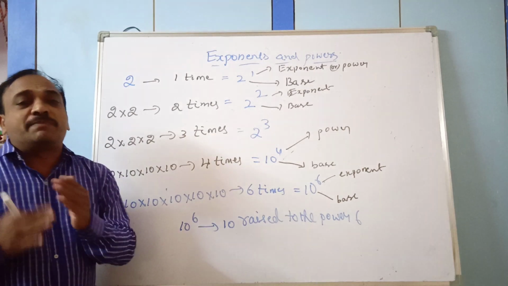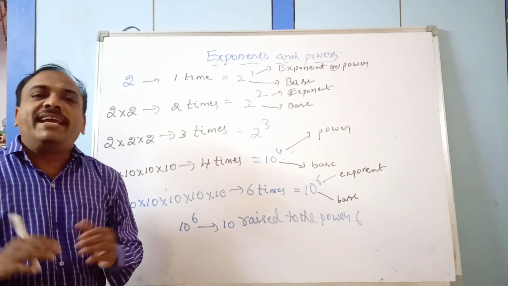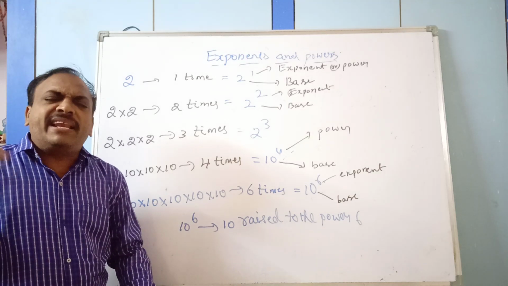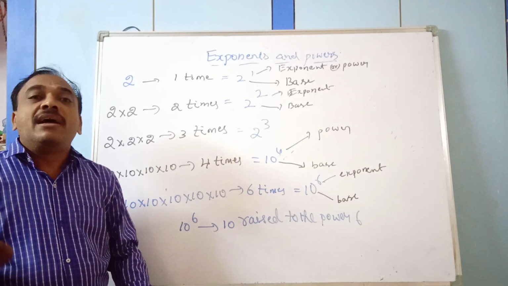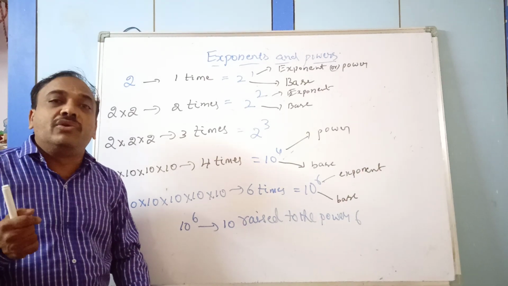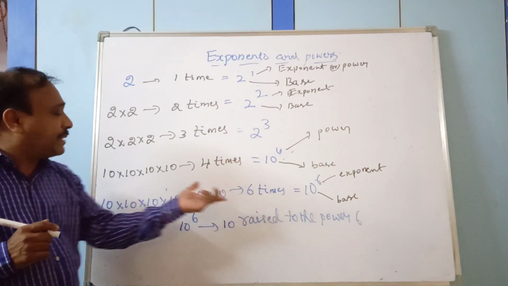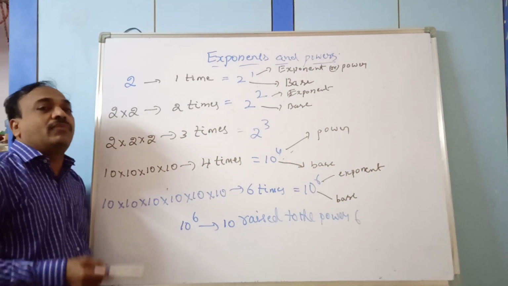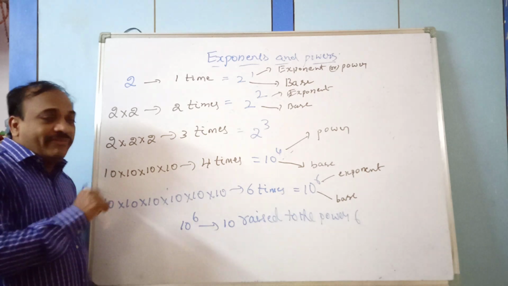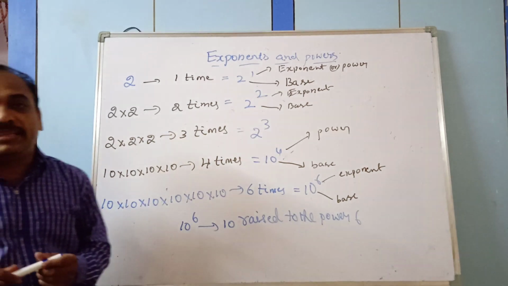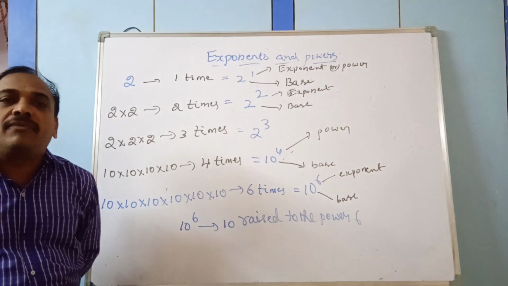To express very large numbers conveniently, we use exponents and powers. We learned this concept in class 7th, what exactly power is and what base is, and we also learned some rules called the laws of exponents.